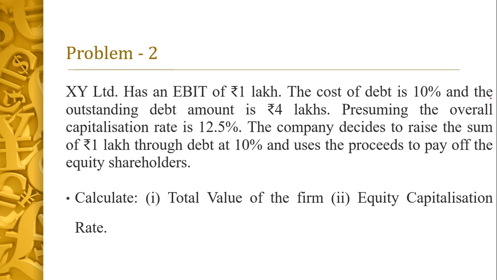How will you calculate the value of the firm? V is equal to, yes, you can do S minus B, but S is not there right now. What information you have is cost of capital and earning before interest and tax.